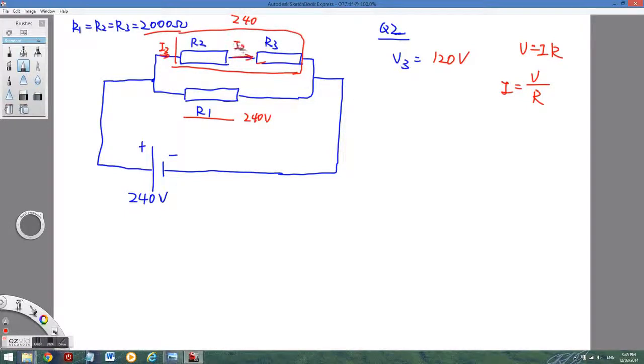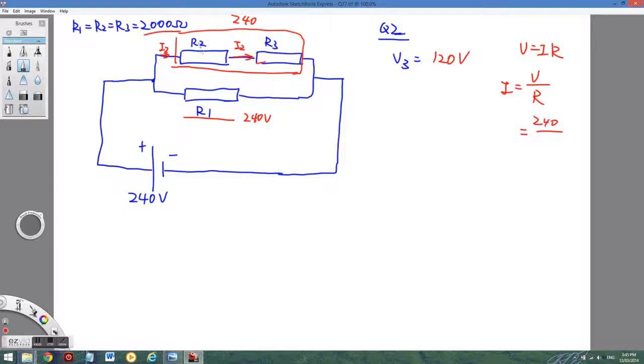The current across resistor 2 will be the same as the current across resistor 3. So when I calculate it, I should use 240 volts divided by the equivalent resistance of R2 and R3.